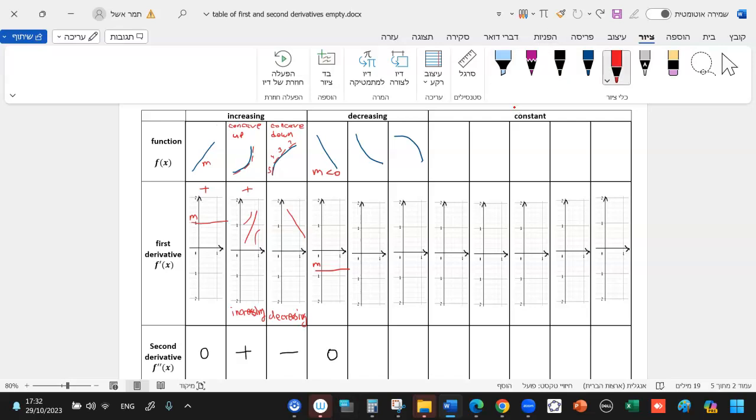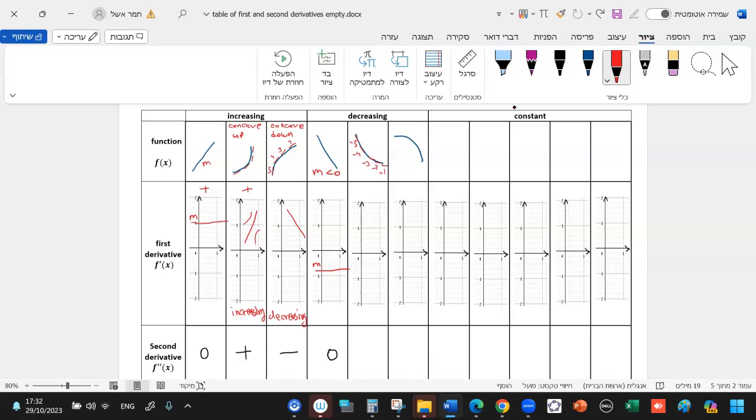When the function decreases this way, we can see the gradient always negative since it is decreasing. We can see that the gradient is decreasing in absolute value, but since the values are negative, it is becoming larger and larger. This is minus 5, this is minus 4, minus 3, minus 2, minus 1. It is becoming less and less negative.